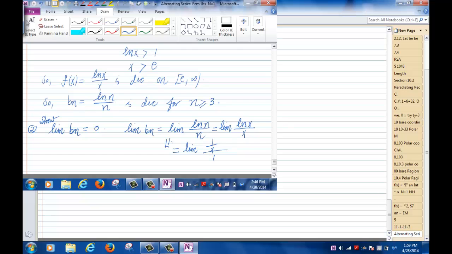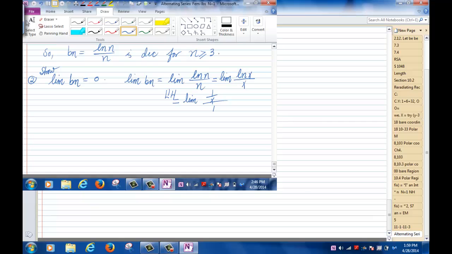So here is where I'm applying L'Hopital's rule. And then this is the limit of 1 over x. Remember that we are looking at the limit as n goes to infinity, so here the limit is as x goes to infinity. So this is 0. So the limit of Bn is 0 as well. So both conditions are met.